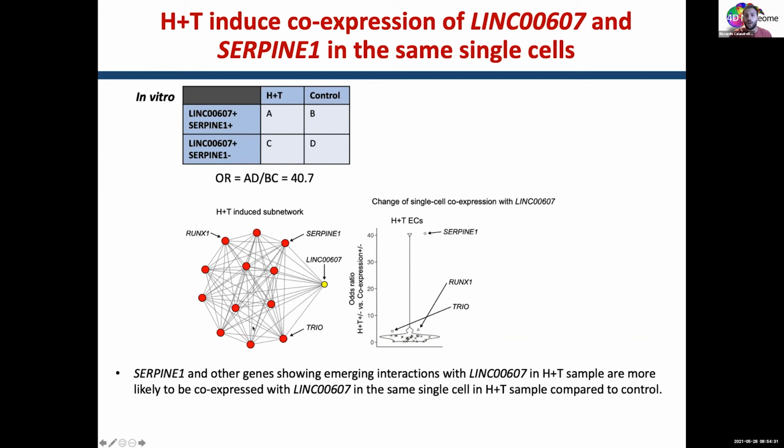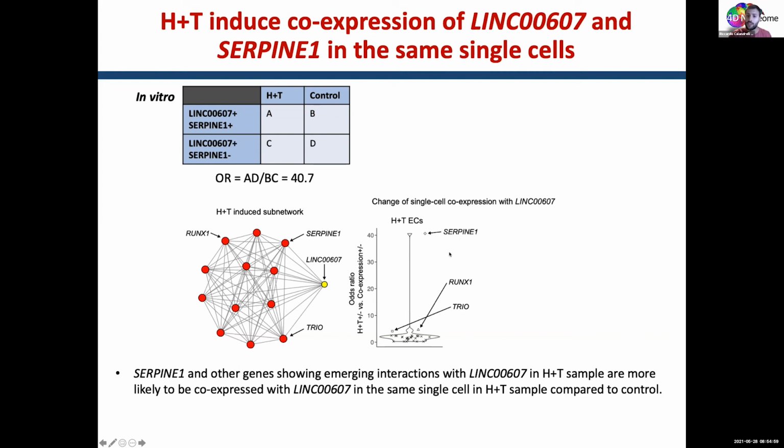So in total here we have 30 genes, and for each of these genes we can have an odds ratio, as we did here, and we can plot these odds ratios in this violin plot. Actually, SERPINE1 was the top ranked gene showing association of co-expression with the dysfunctional cells.